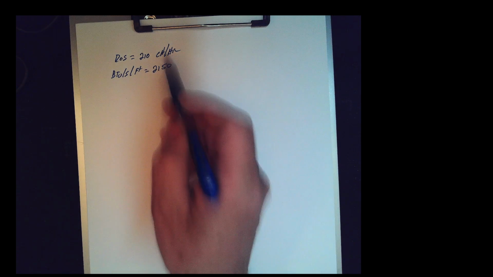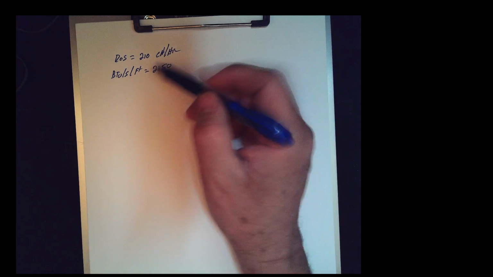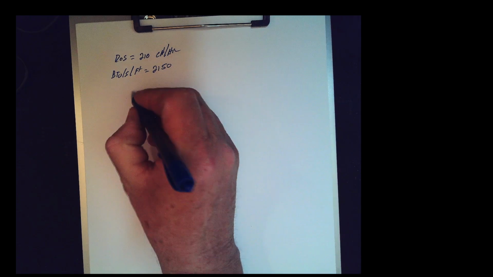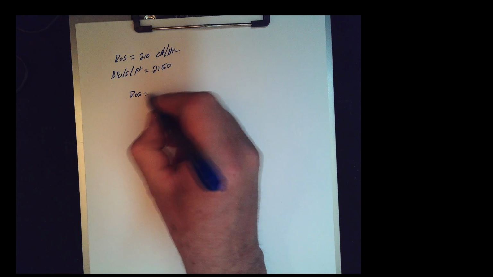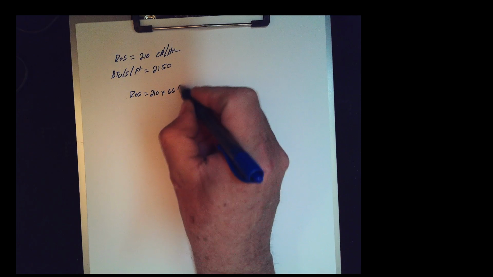Now, to make this worthwhile so that you understand how to determine what the rate of spread is in feet per second, which is what fires move at in feet per second. So take your ROS equals 210, multiply that by 66 feet.